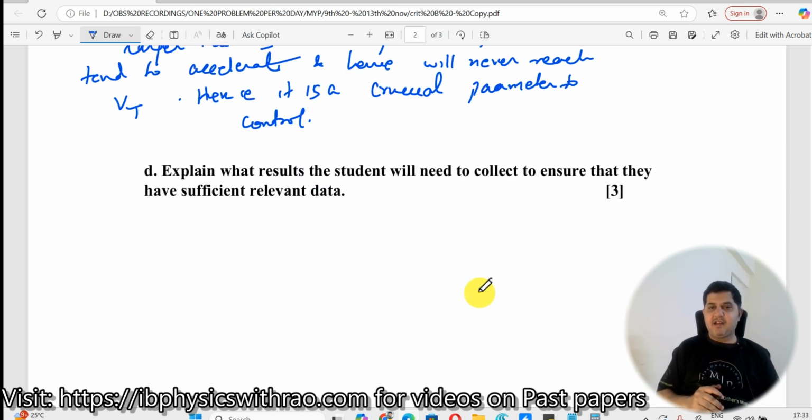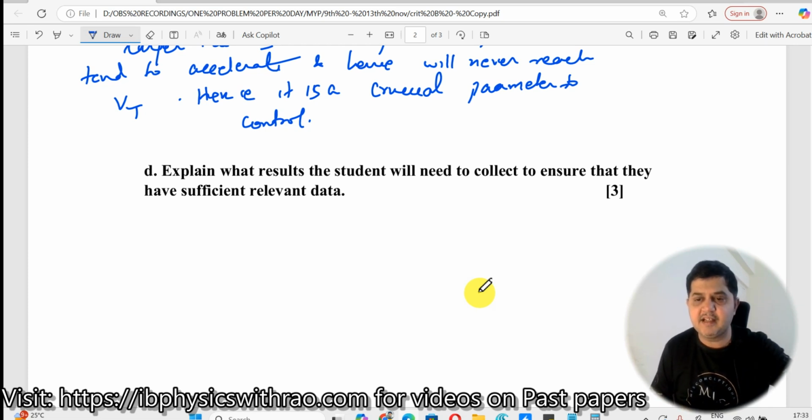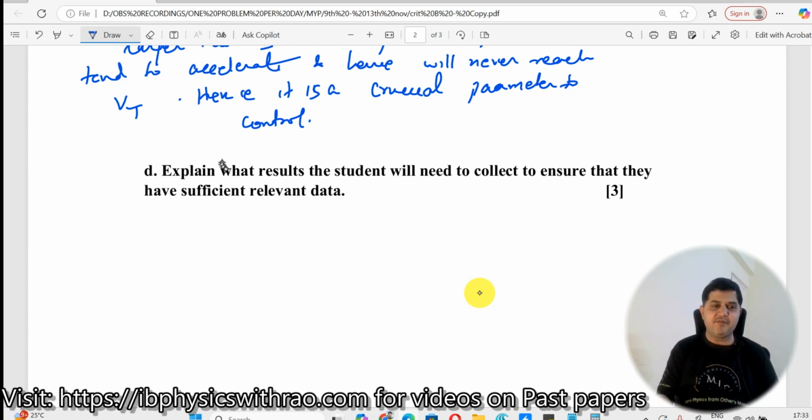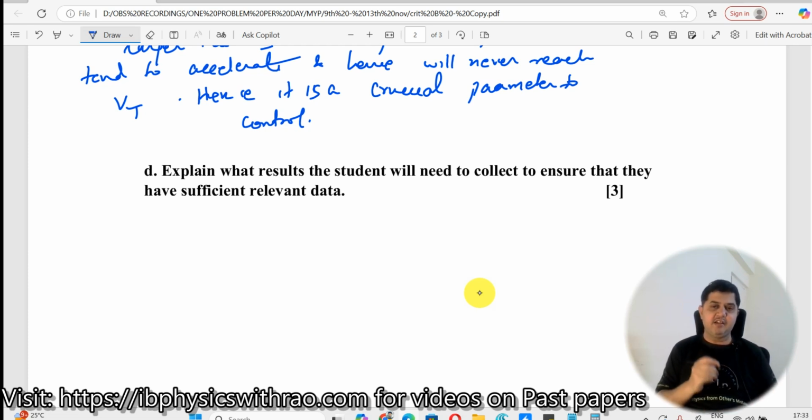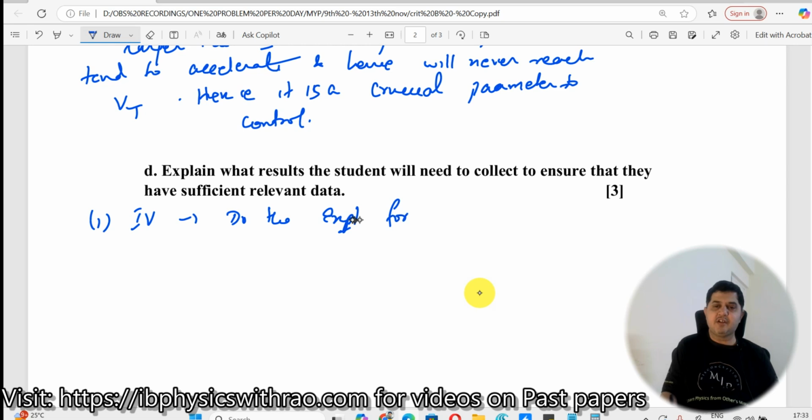Then explain what results the student will need to collect to ensure that they will have sufficient relevant data. So what results do the students need to collect? You should be able to measure or get the independent variable. First one is independent, so you should do the experiment for a range of values.